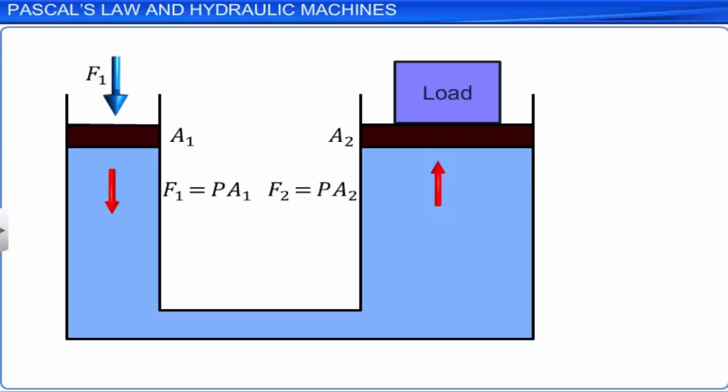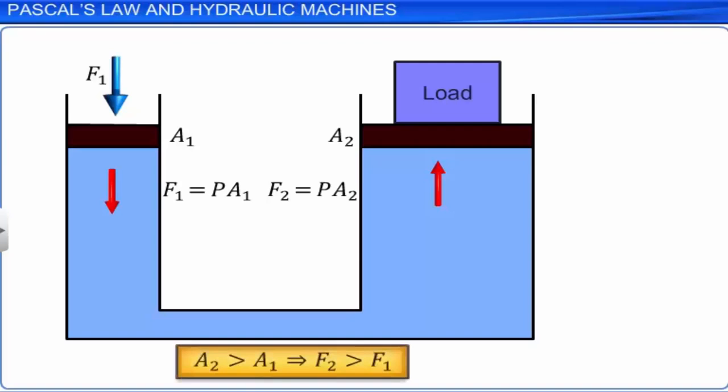Thus, with a very small force, heavy objects can be lifted using a hydraulic lift. The work done by the smaller force is equal to the work done by the larger force, as the displacement of the smaller piston is greater than that of the larger one.